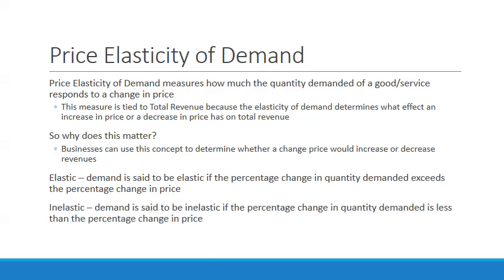Now, demand is inelastic if the percentage change in quantity demanded is less than the percentage change in price. So if price increases 15% and quantity demanded falls 5%, then it's inelastic. The two terms elastic and inelastic are used to describe whether or not a change in price has a significant or a minor outcome on quantity demanded.